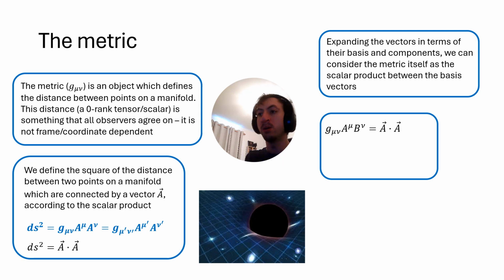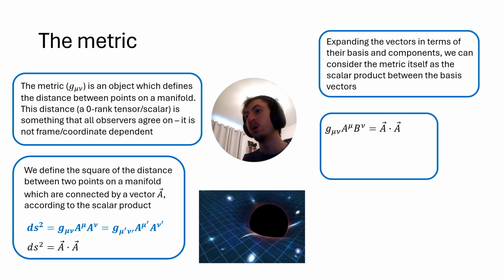So here we've got, in the blue box, our equation for the scalar product. We wrote it in terms of our metric tensor and in terms of the more traditional route, which is using a dot. So when we've got A dot A, we say we're taking the dot product of A with itself.